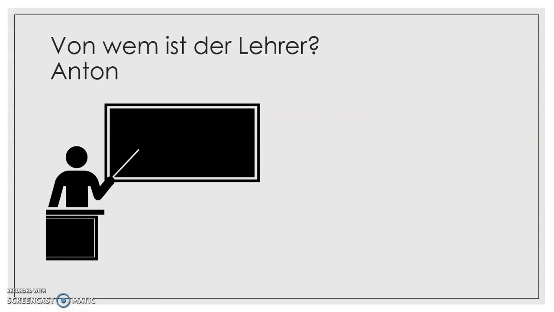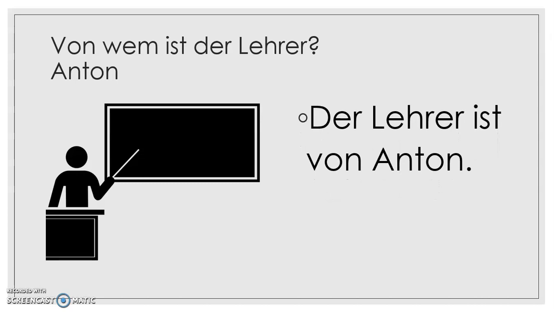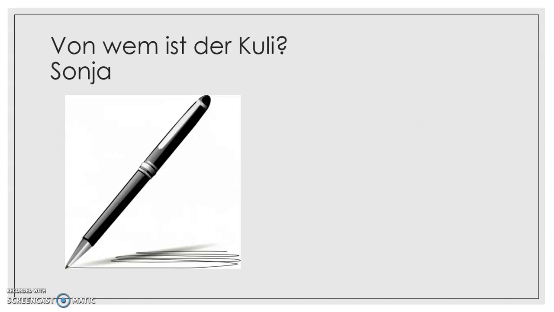"Von wem ist der Lehrer?" And the person it belongs to is Anton. So even though this is a person, "der Lehrer," the teacher we're talking about, you can still say, oh, this is Anton's teacher. So we would say, "der Lehrer ist von Anton." Okay, next we have "von wem ist der Kuli," and it belongs to Sonja. Let's try to come up with a sentence saying to whom the pen belongs.